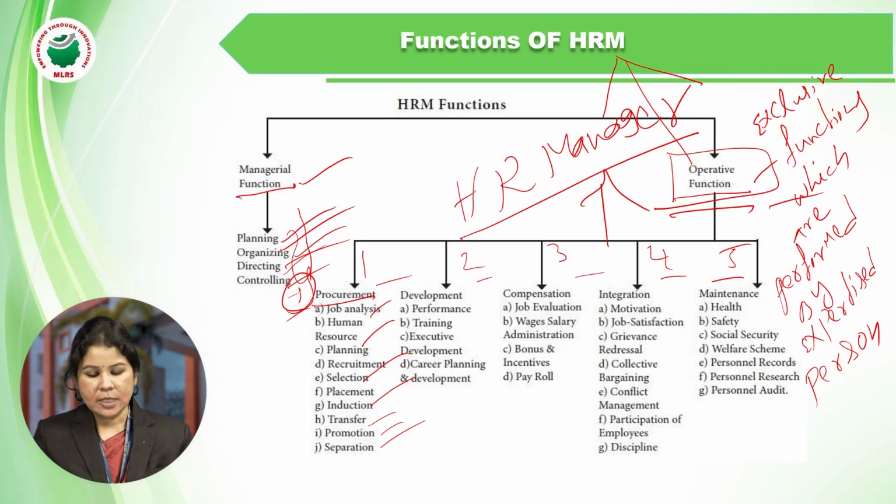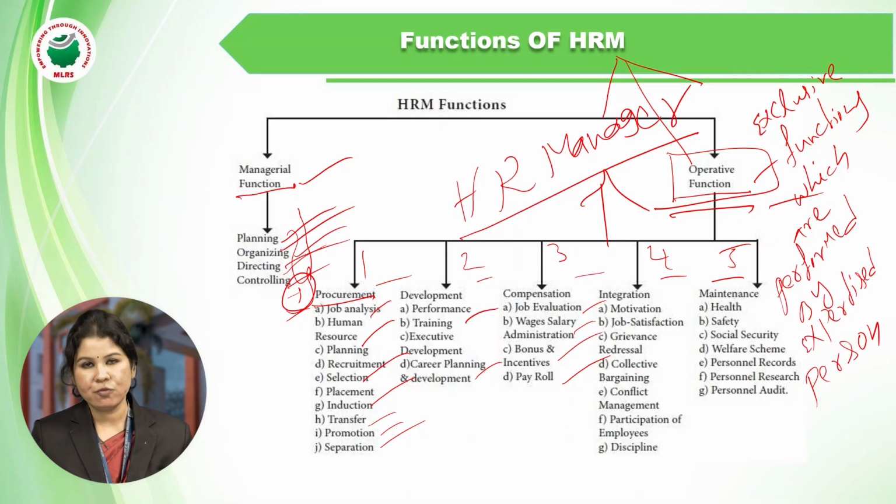Now the second operative function in HRM is development, in which we discuss performance appraisal, training and development, career planning, and so on. The third operative function is compensation management, which includes job evaluation, wage and salary administration, bonus, incentives, payrolls, and so on.